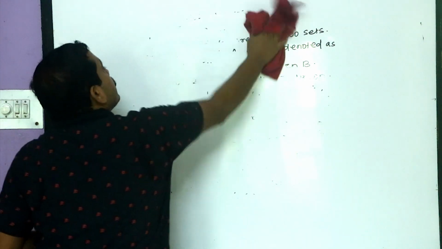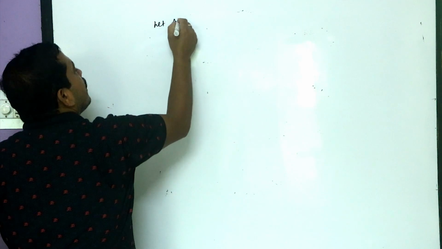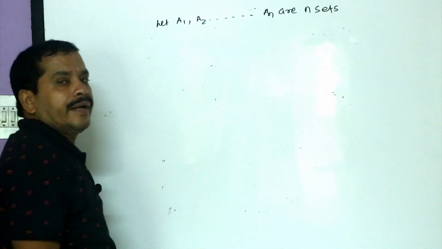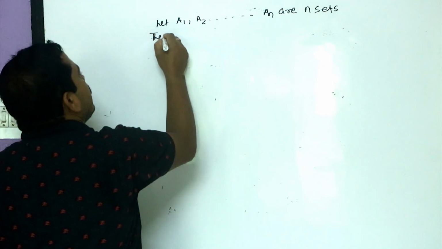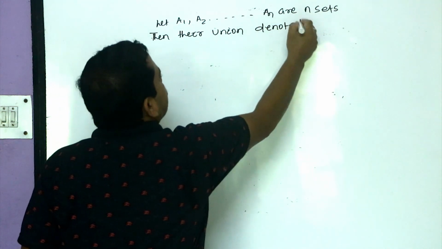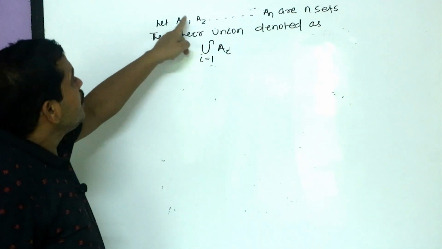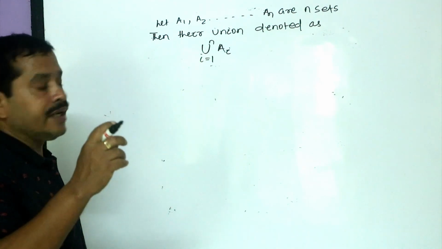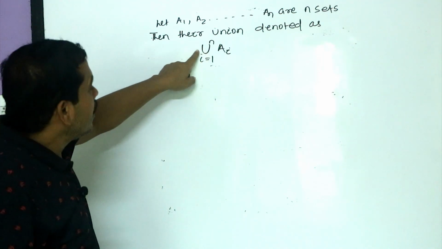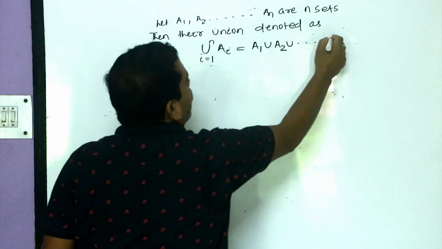Let A1, A2, dot dot, An be n sets. Then their union is denoted as union i from 1 to n of Ai, which means A1 union A2 union dot dot union An.